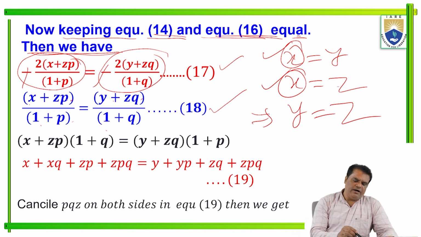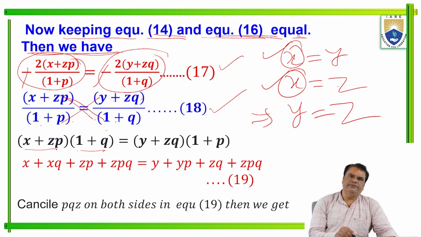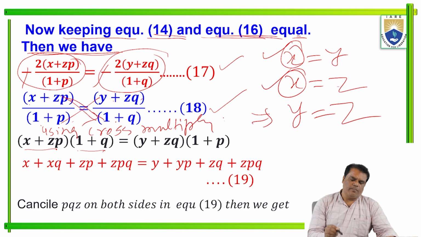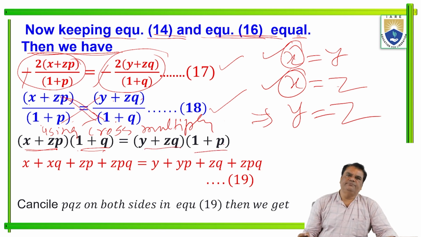Now, after cross multiplying, we get (x plus zp)(1 plus q) equals (y plus zq)(1 plus p).